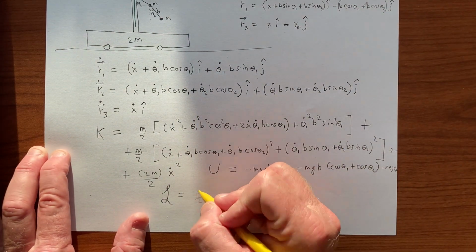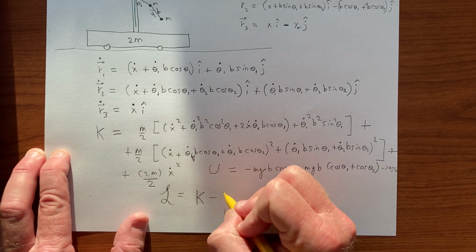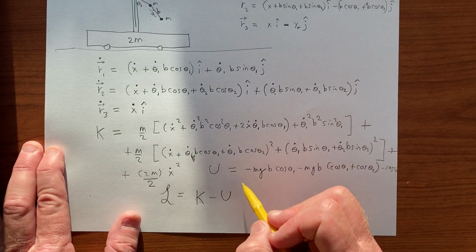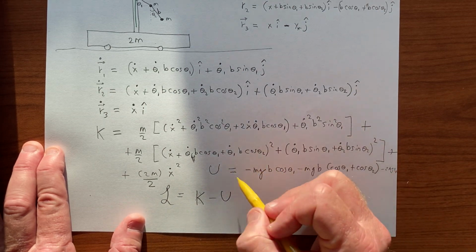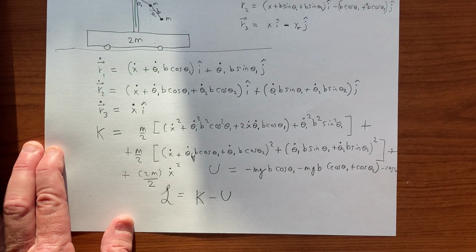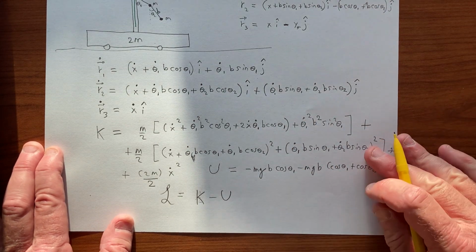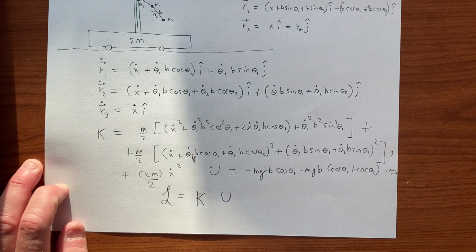It's just K or T, whatever we want to call kinetic, K minus U. So it's just this term, and then we bring in this with a positive. Okay, so in the next video, we will work on the Euler equations and find the equations of motion and the constants.